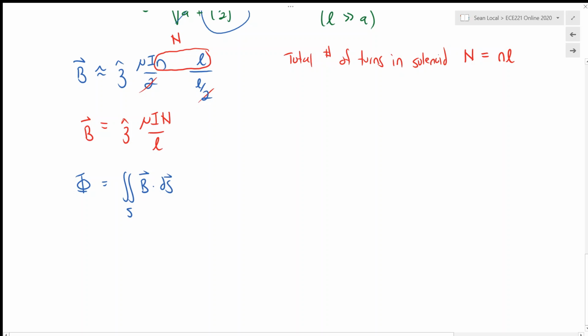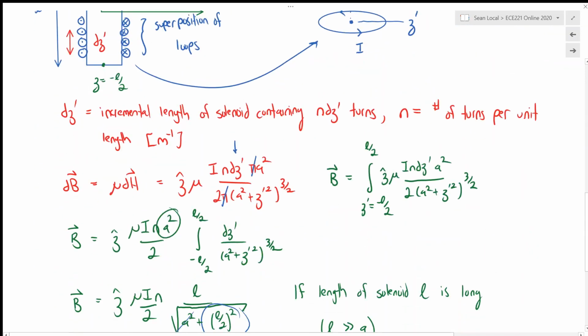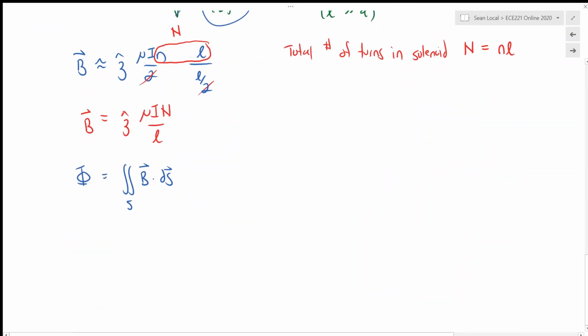And this expression that we've written for B here is really only true along the center axis of the core. B probably weakens a little bit as we move away from the center of the core. But because the B field is very concentrated within the core, which is what we see in these pictures here, as we walk across the cross-section of the coil, we can treat B as approximately constant. And that simplifies this flux integral quite a bit, because then B can come outside the integral.